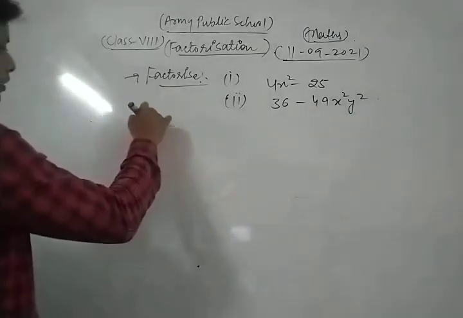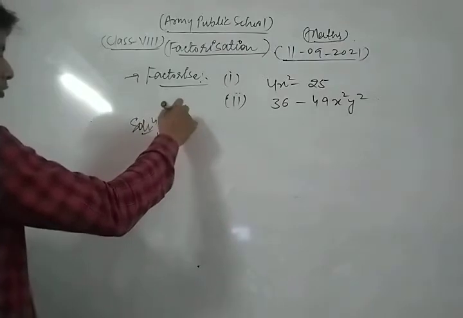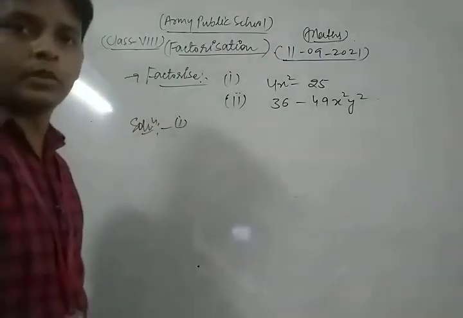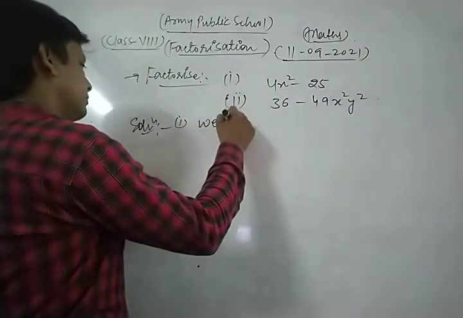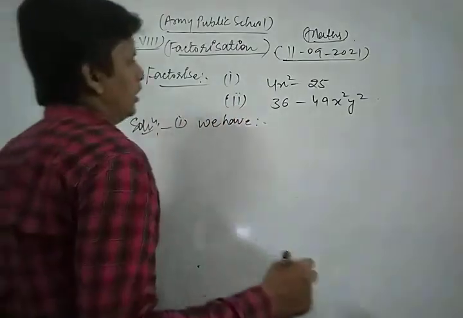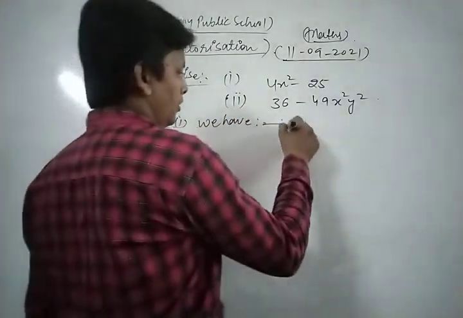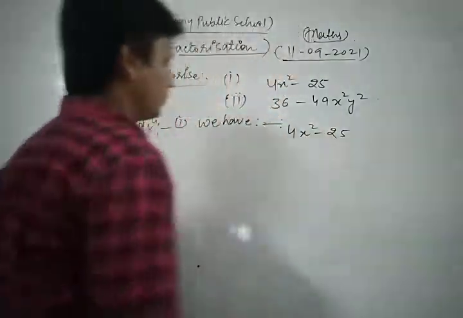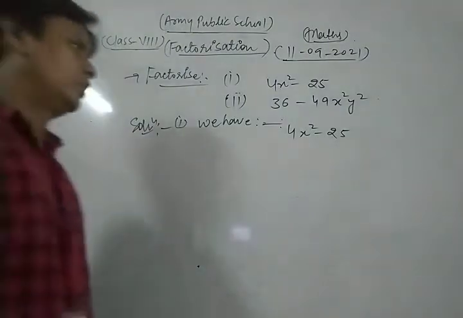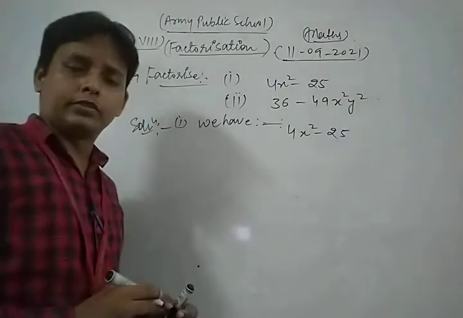So first of all, we take and solve the first part of this question. Okay, so we have 4x square minus 25. 4x square minus 25.